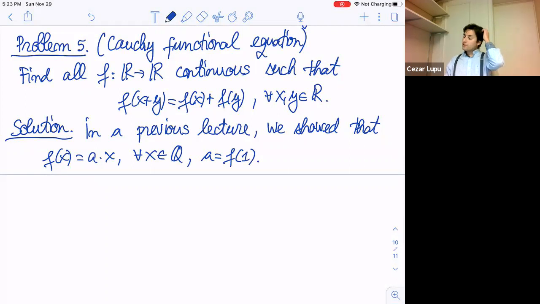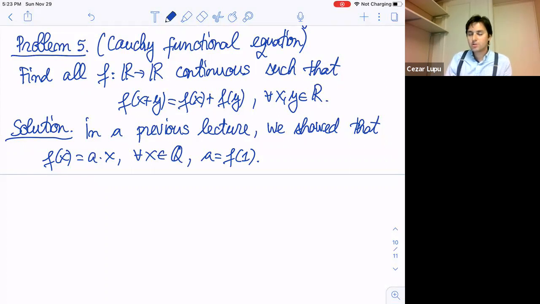But now the question is, how do we pass from Q to R? That is a big question, right?